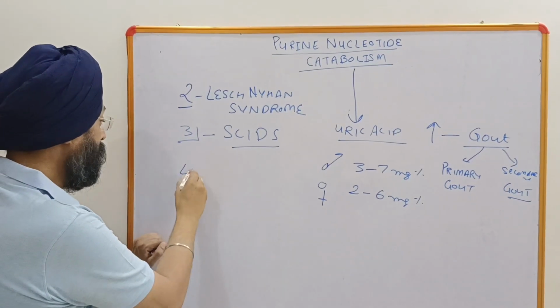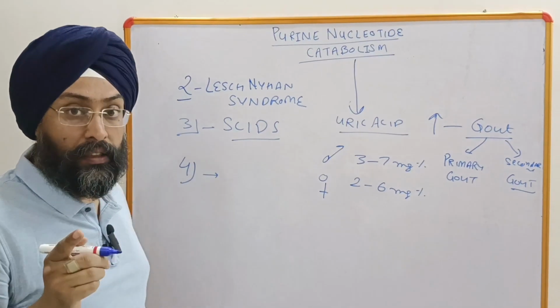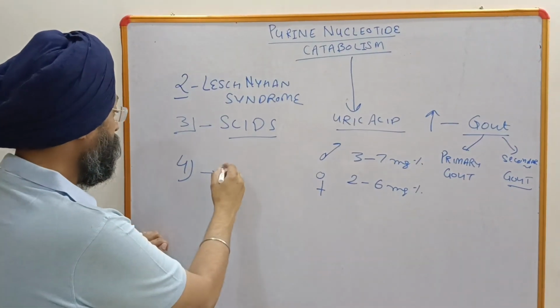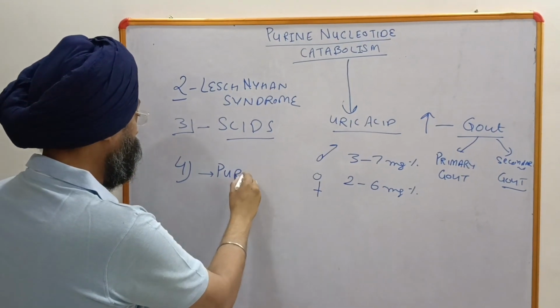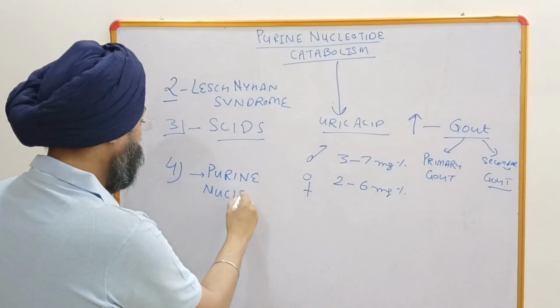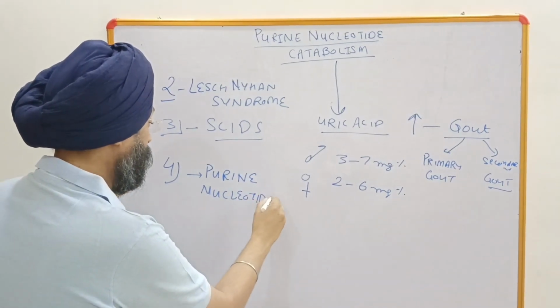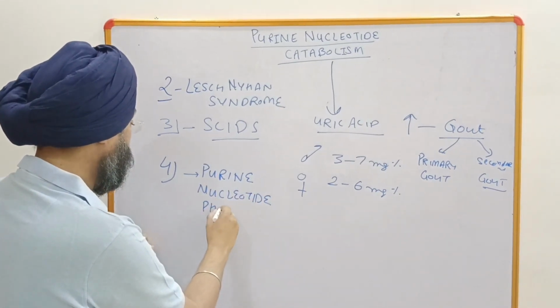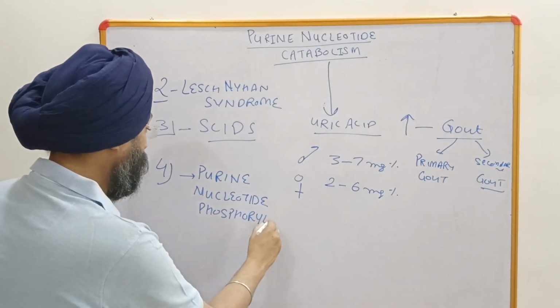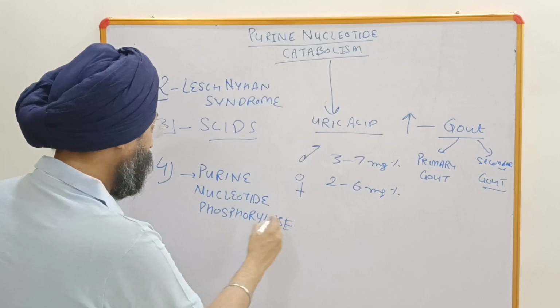And there is a disorder in which the levels of uric acid are decreased, that is purine nucleotide phosphorylase deficiency.